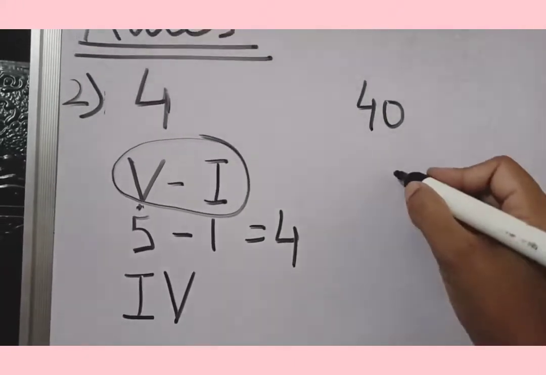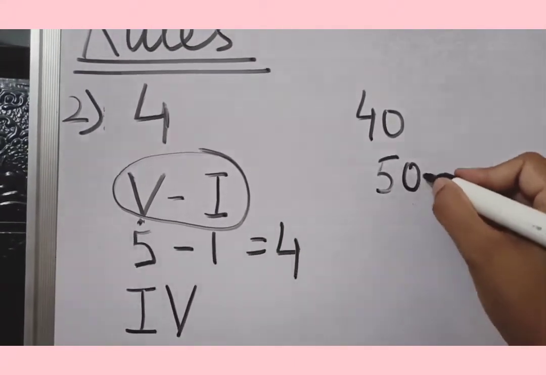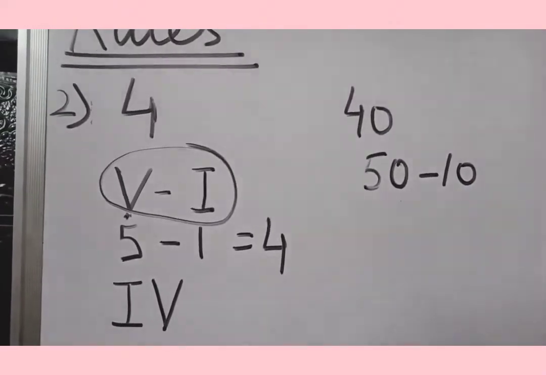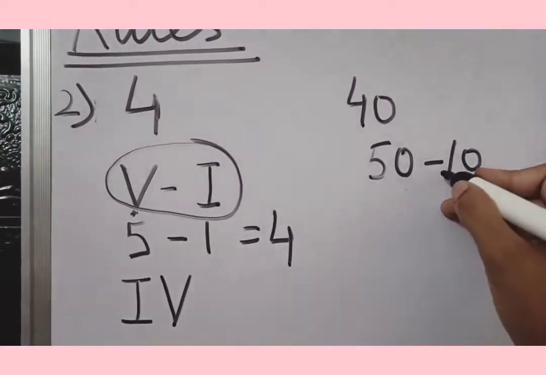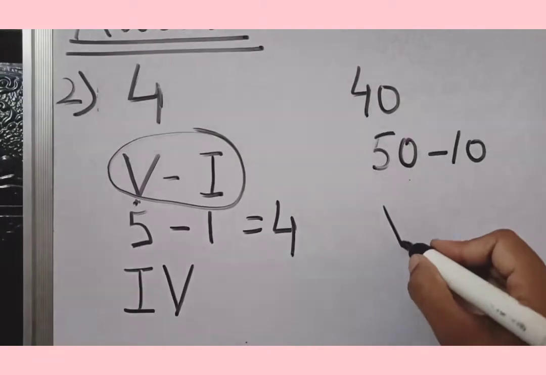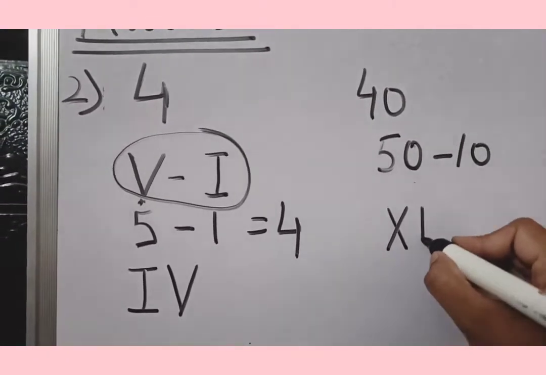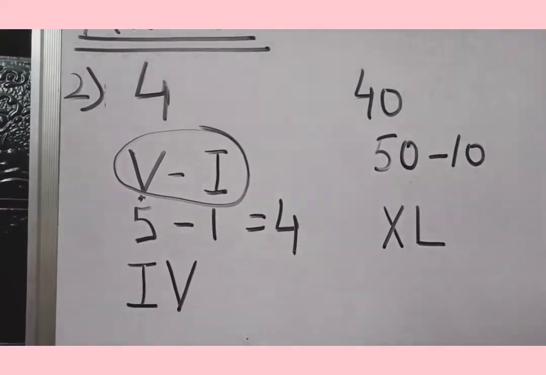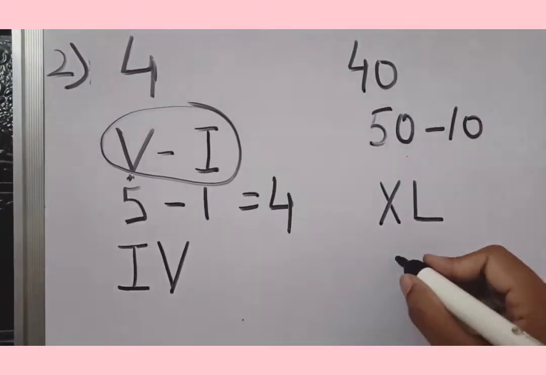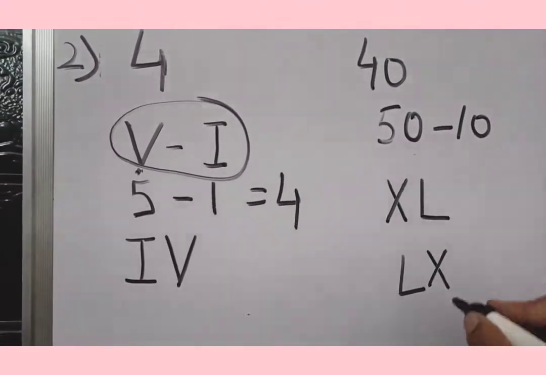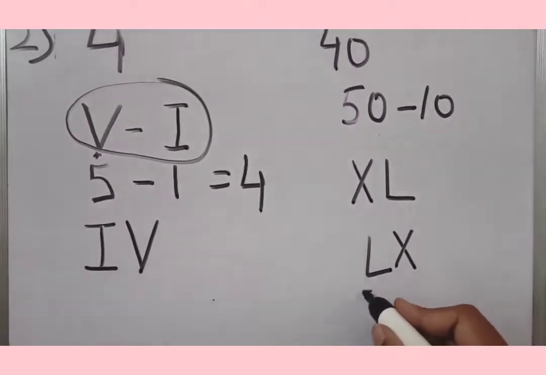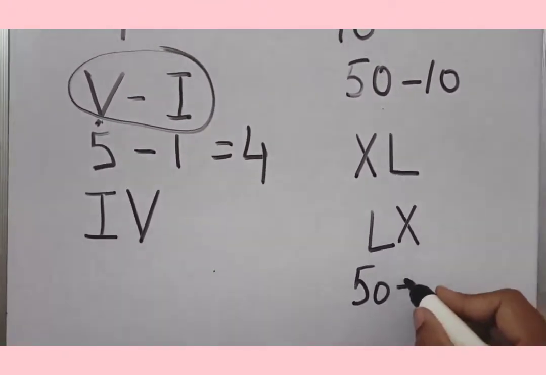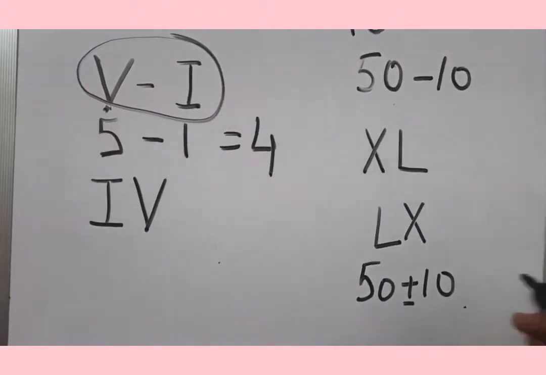The same goes, I can get 40 if I subtract 10 from 50. So to show the function of subtraction, I'll write X first and then L. Because if I write L and then X, this will show that 50 and 10 are added.